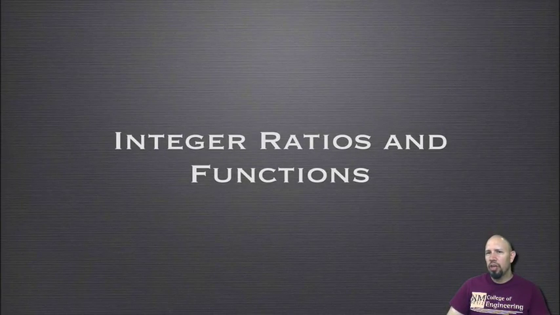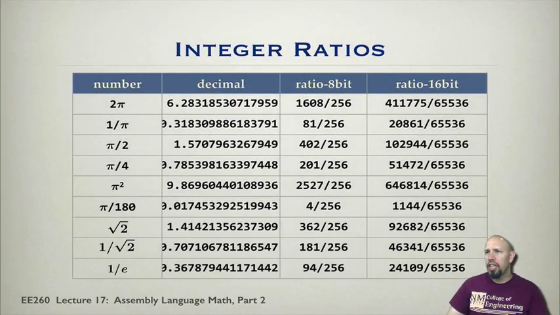Okay, so integer ratios and functions. Last time we looked at ratios, and it turns out for a number of different constants, we can have their decimal representation and also their 8-bit representation. When I say 8-bit, as a ratio, this ratio is approximately equal to that, and it's 8 bits in the sense it's dividing by 256.